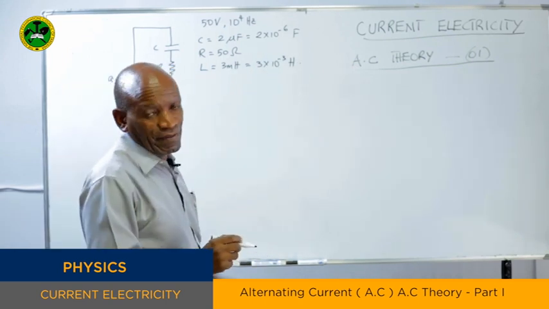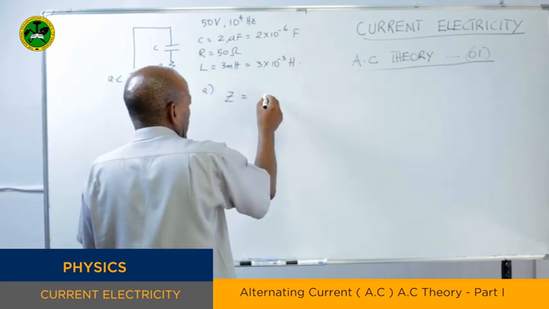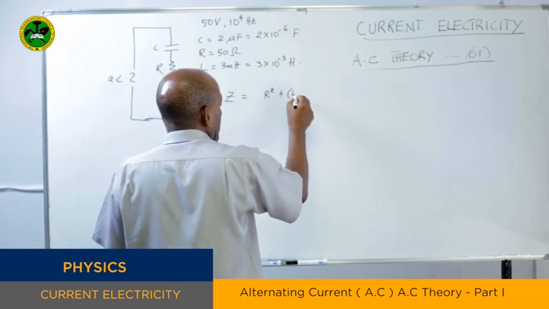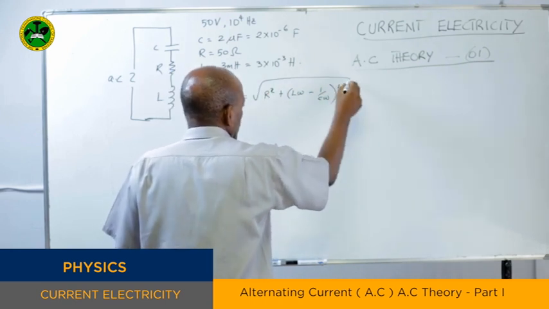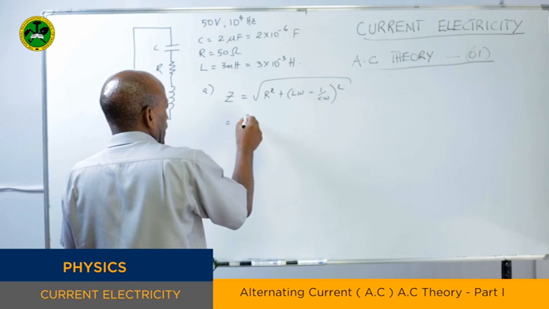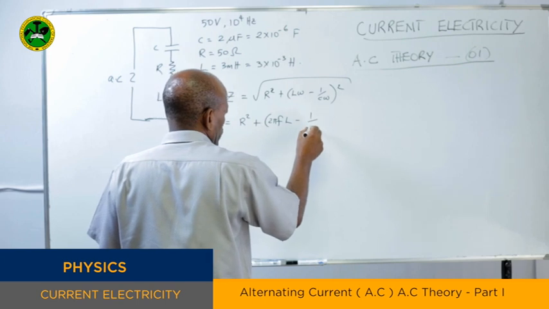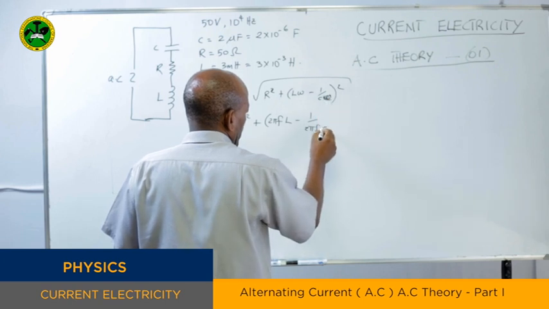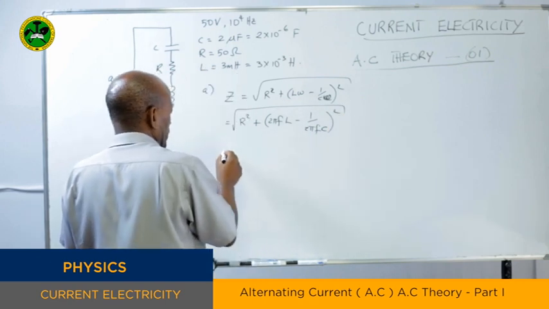So we need to determine the impedance of the circuit for part A. The impedance Z will just be equal to the square root of R squared plus the quantity L omega minus 1 over C omega, the whole of this squared. That is, R squared plus 2 pi f L minus 1 over 2 pi f C, the whole of this squared, and we take the square root.